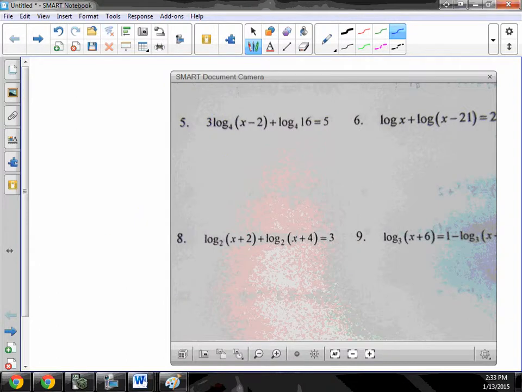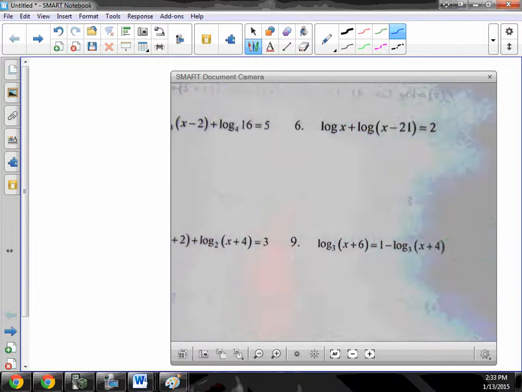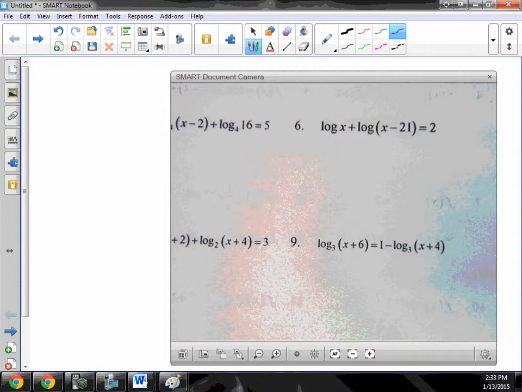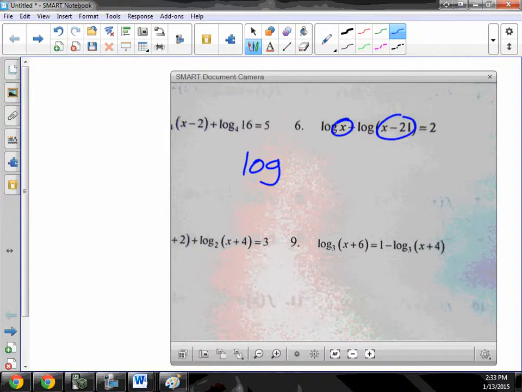Okay, number 6. What would you do here? Combine them using the product rule. So I'm going to multiply this and this together. So what is the base? 10. And what is x times x minus 21?